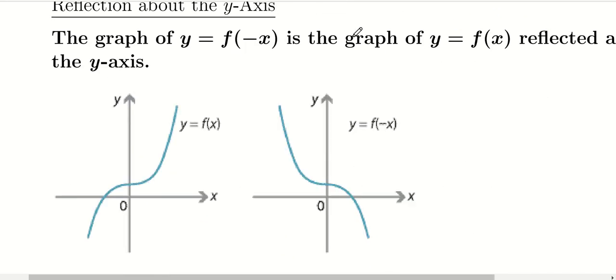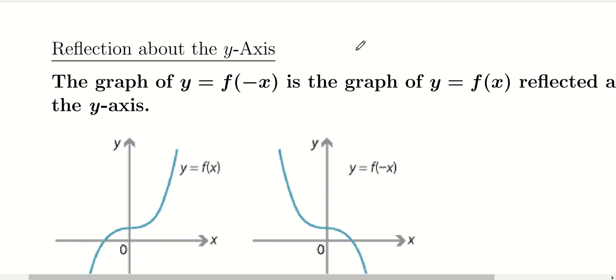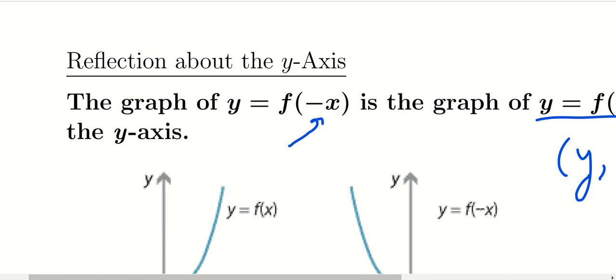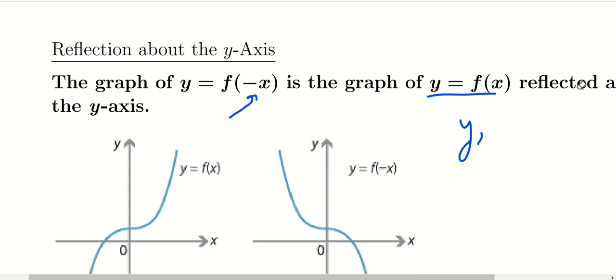The next kind of reflection we're going to look at is what happens if we multiply on the inside of a function now by a negative. If we think about a point, for example, let's suppose we start with the original graph, the parent graph, y equals f of x. So this is going to be a point that's on the graph of the original function.